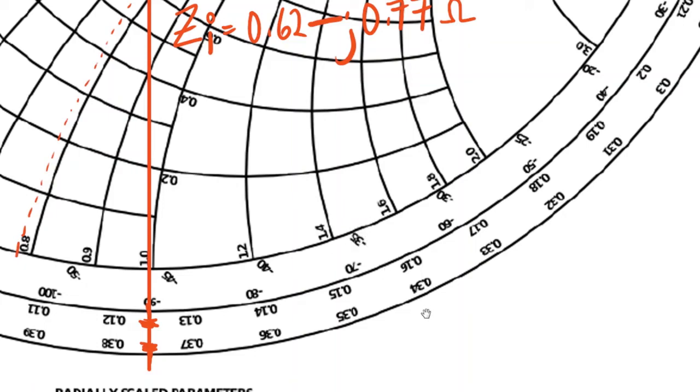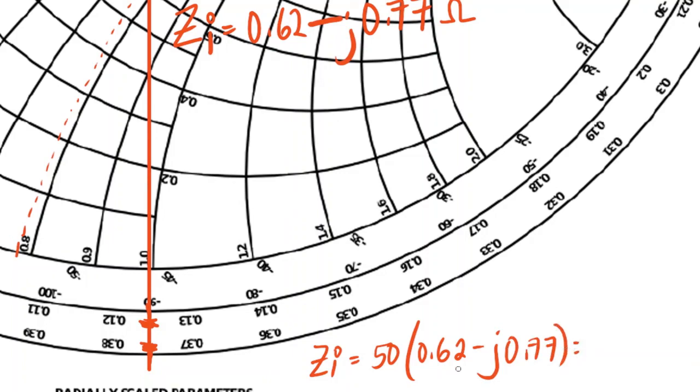Now, we multiply. So our actual Zin is 50 times 0.62 minus j0.77, which is equal to 31 minus j38.5 ohms. And this is the input impedance of our problem.